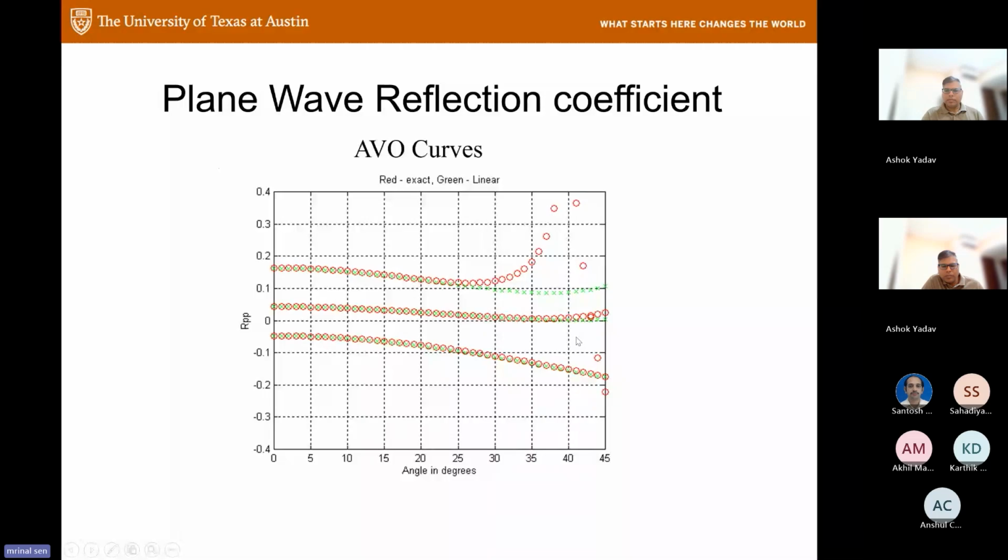And you can see that for some cases it even breaks down at around 30 degrees. But other cases it may actually go all the way up to 40 degrees. So you have to be a little careful. So typically I don't recommend going beyond 35 degrees in using angle type of inversion.